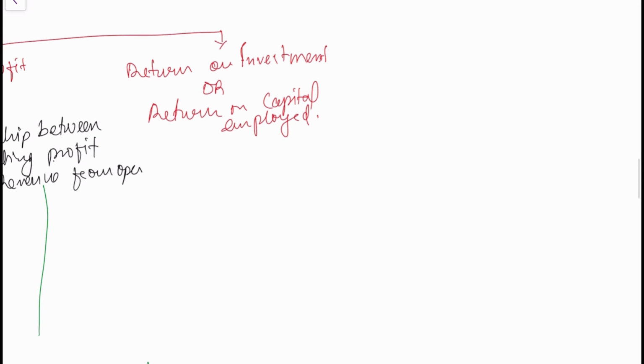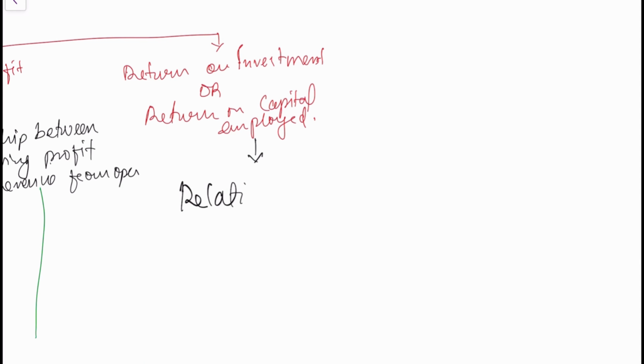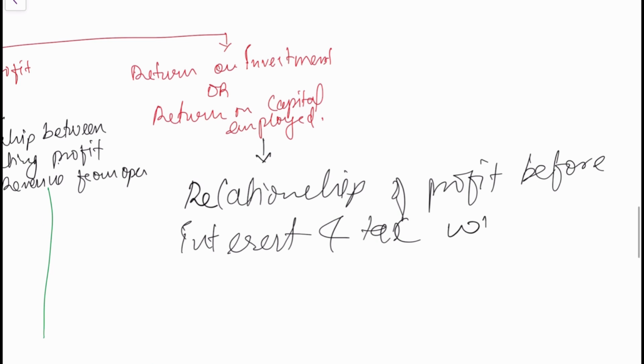Okay, next is return on capital employed or return on investment. So return on capital employed shows the relationship of profit before interest and tax with capital employed.